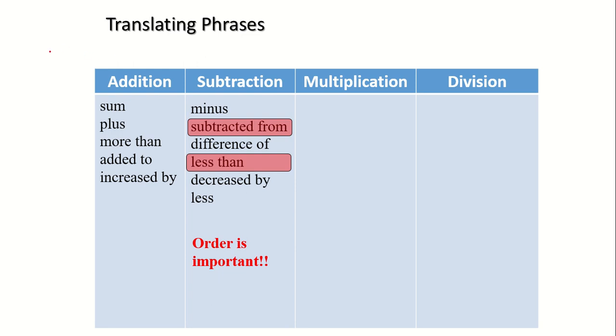When we say a number subtracted from 5, this could be translated with the second term first, before the first term. So a number subtracted from 5 is 5 minus a number, let's say x is the number.